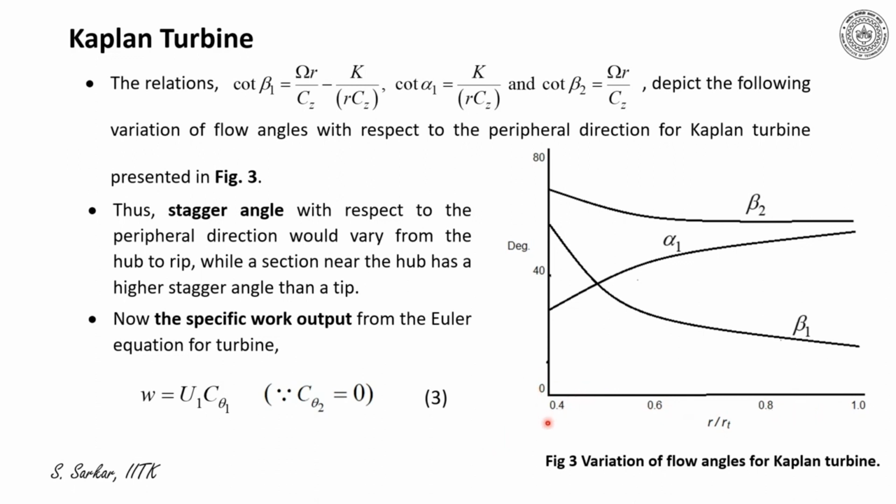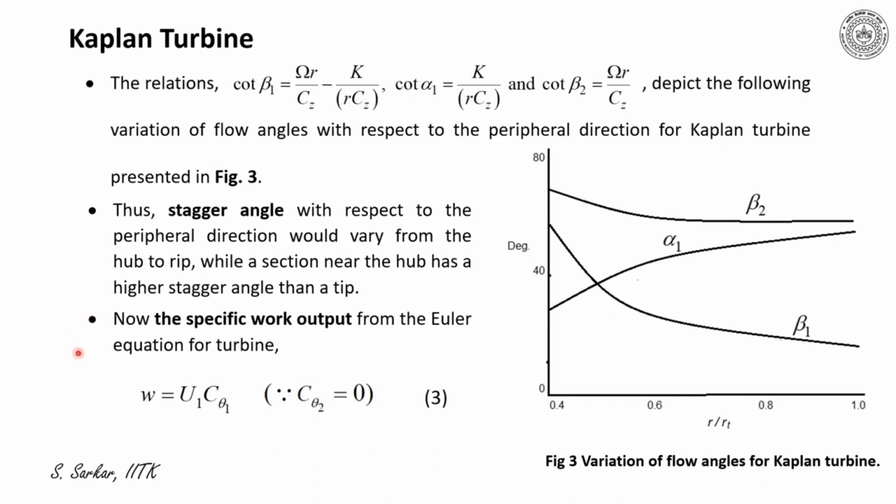So as R increases from hub to tip, beta 1 decreases, alpha 1 slowly increases, and thus beta 2 also slowly decreases with R. Thus, the stagger angle with respect to peripheral direction would vary from hub to tip, while a section near the hub has a higher stagger angle than the tip.